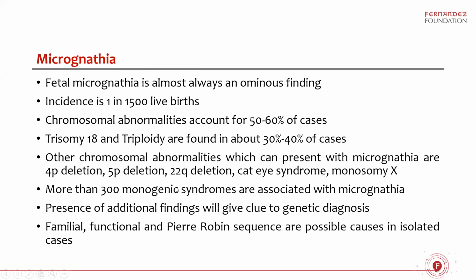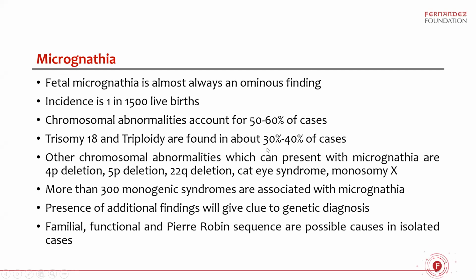If you look into micrognathia, fetal micrognathia is always an ominous finding. The incidence is 1 in 1,500 live births, which is very common. And we know that chromosomal abnormalities account for almost 50 to 60% of cases of micrognathia. Out of these chromosomal abnormalities, trisomy 18 and triploidy are found in almost 30 to 40% of the cases.